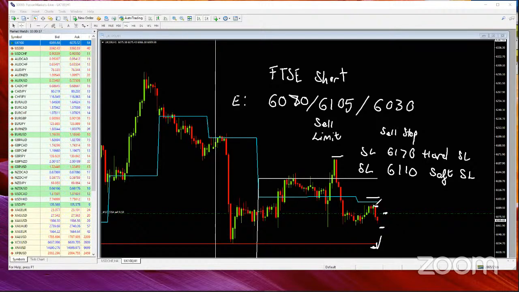I want to get in here again, ideally, and then I wanted to also add here. I'm only half in right now, but I'd like to get another half in here. If I have to add down here, I can only really get maybe the full trade on down here, because it's just going to be too expensive. But let's see what happens.